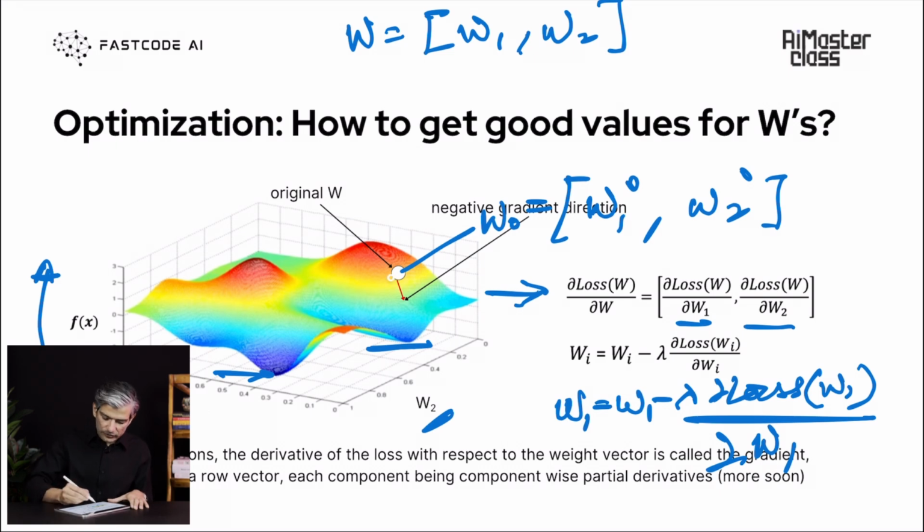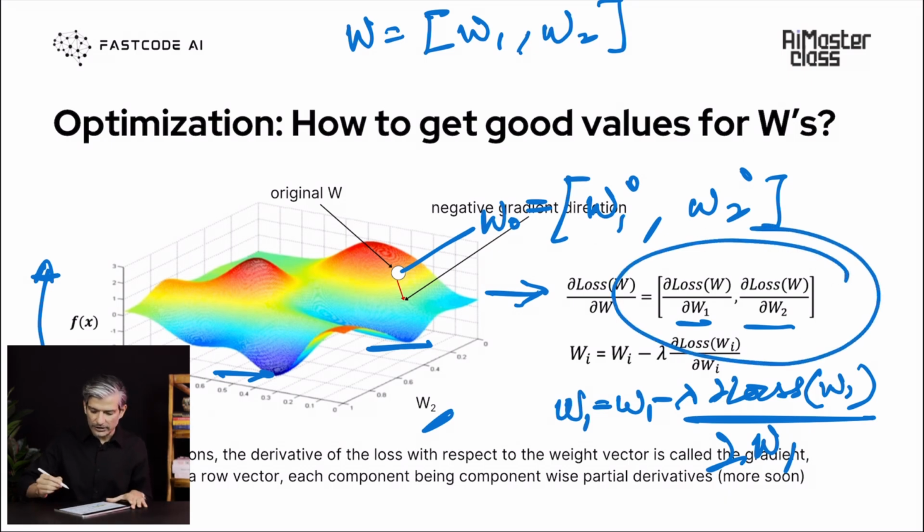We'll look at this in more detail when we do backprop next week, but in 2 or higher dimensions this tangent is called a gradient. So the gradient is essentially this quantity, and we take a small step in the negative direction of the gradient.